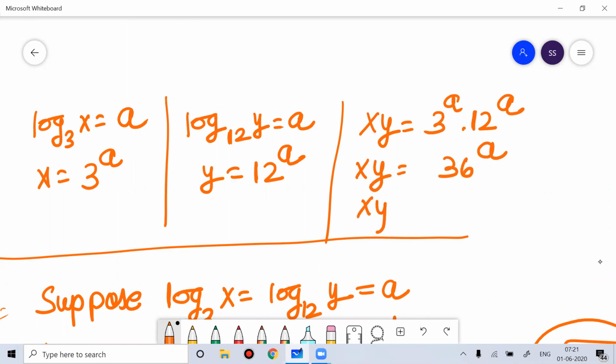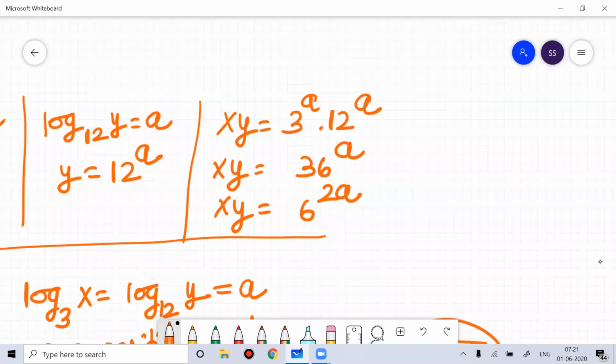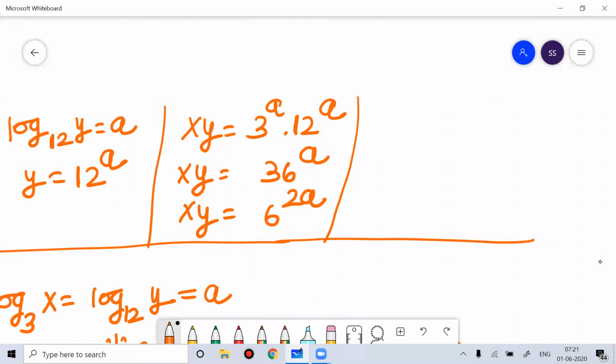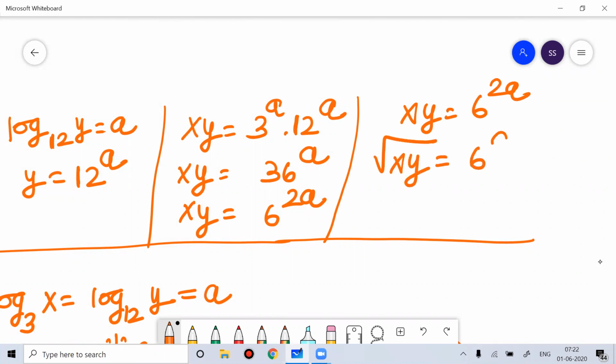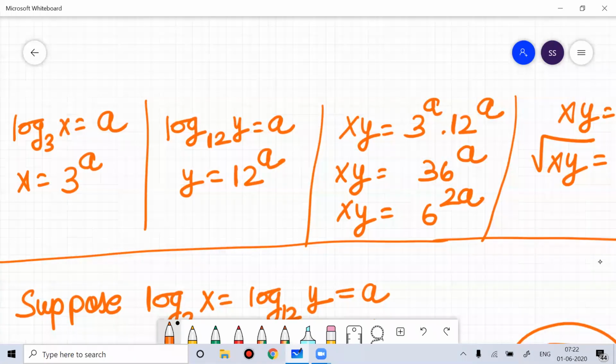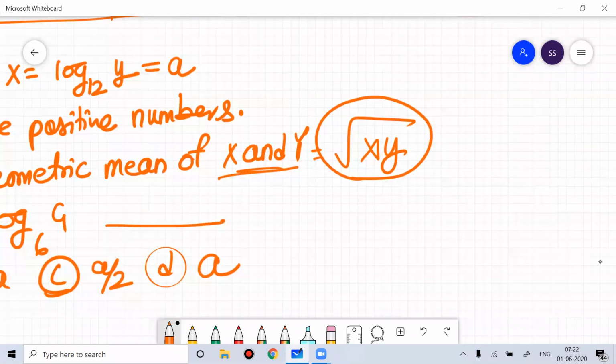I can say x into y is 6 to the power 2a. If I ask you what is root of xy, that would be 6 to the power a. So I got the value of root of xy is equal to 6 to the power a. Okay, simple.